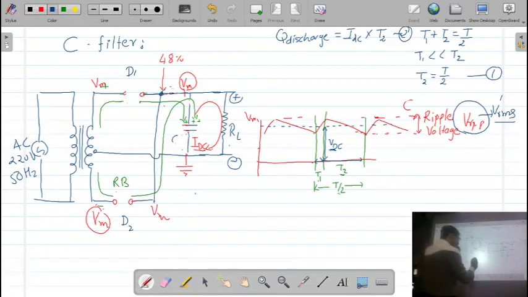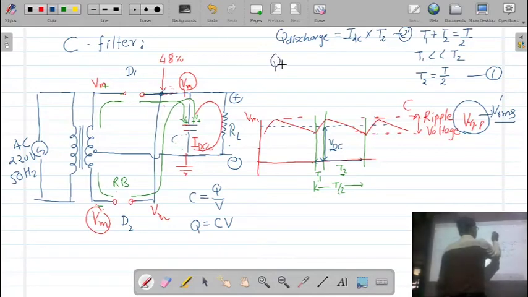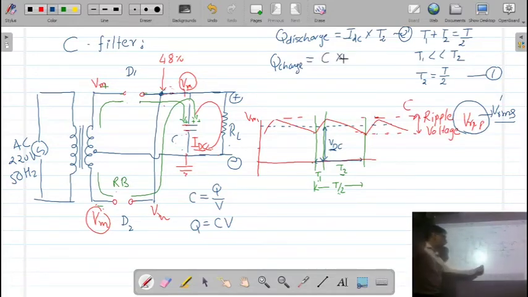Already you learned in 12th standard that C is given by Q upon V. Means the amount of the charge present on the plate of the capacitor we can write as C into V. So Q charge on the plate of the capacitor is given by C into V. Now remember, what is V?